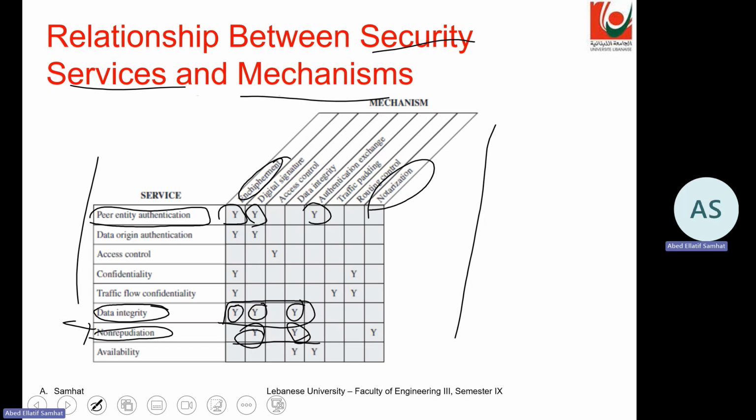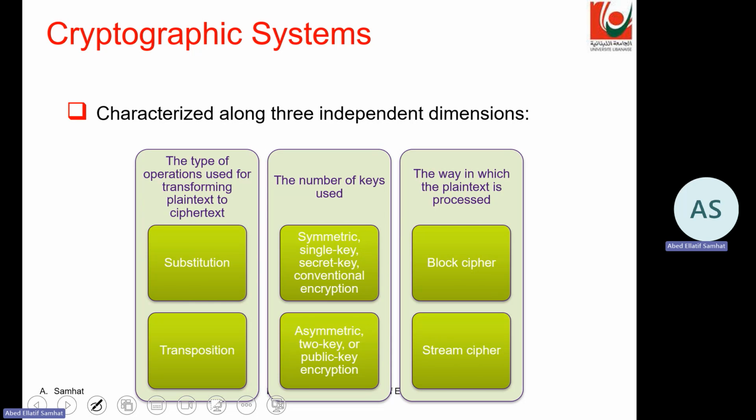Okay. So this is really a simple introduction to this course. In the next chapter, we will start together with symmetric encryption, and we will see what the different dimensions in cryptography are.